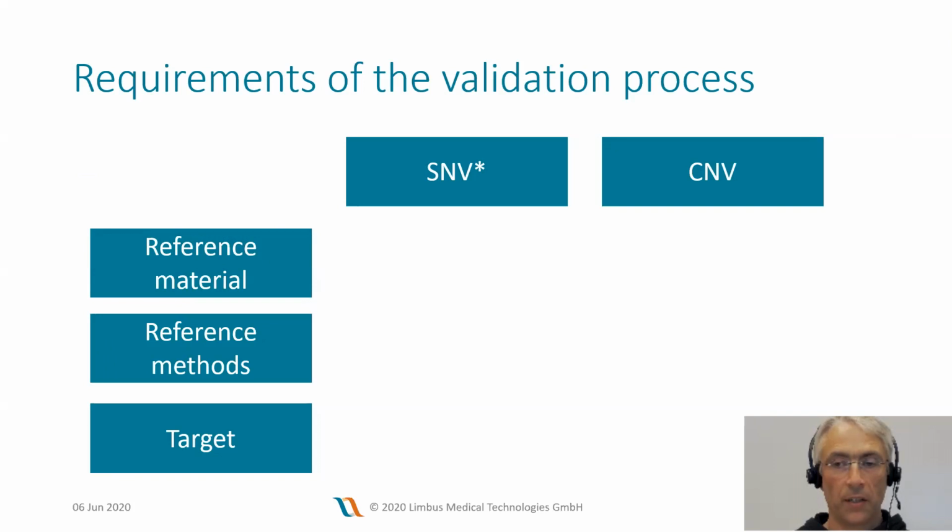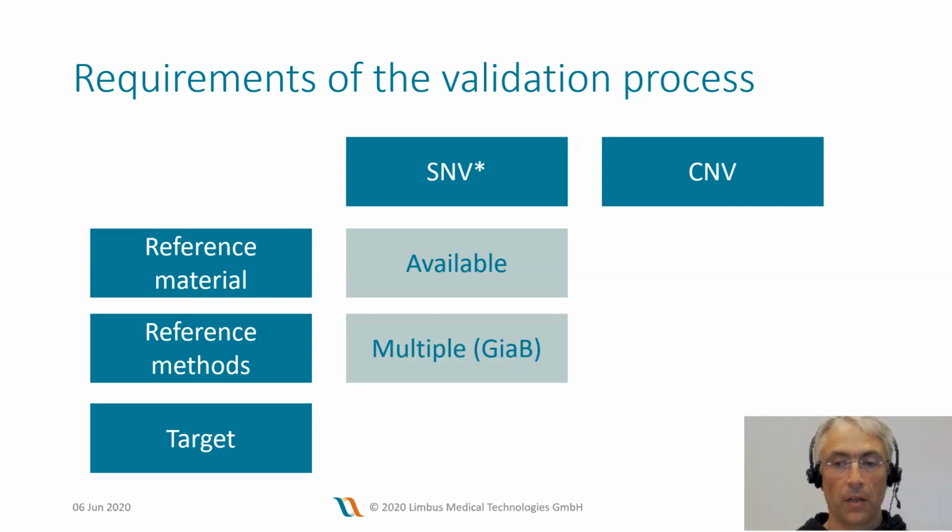For the SNV validation, there are several reference materials available. These materials have been characterized using multiple analytical methods. Therefore, we are comparing to multiple methods in the validation process. This also means that our target cannot be to achieve 100% sensitivity compared to these multiple methods.